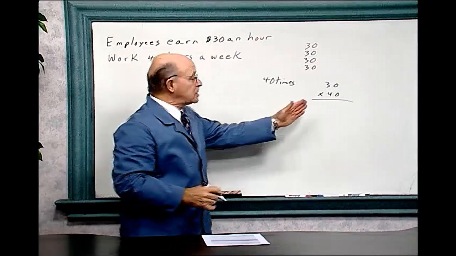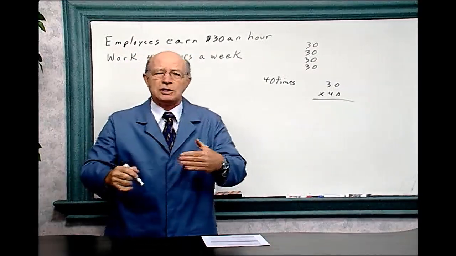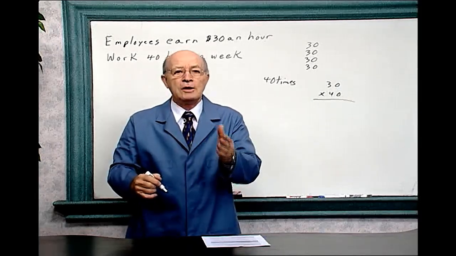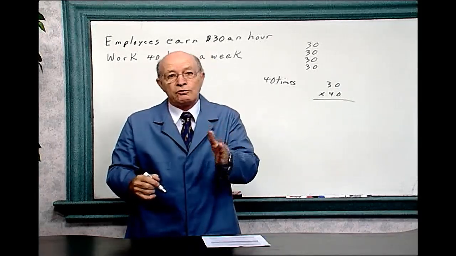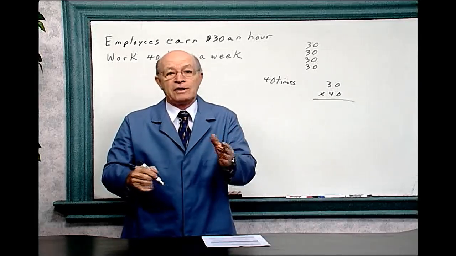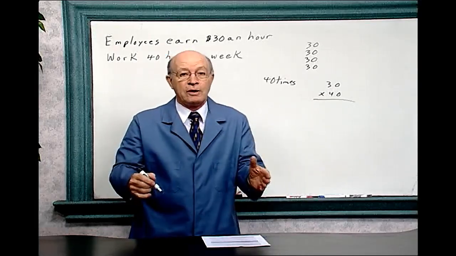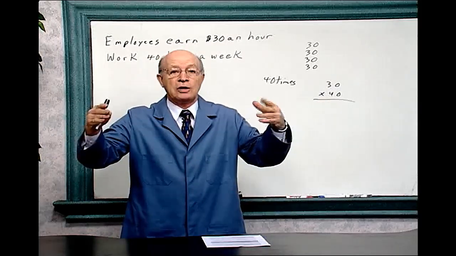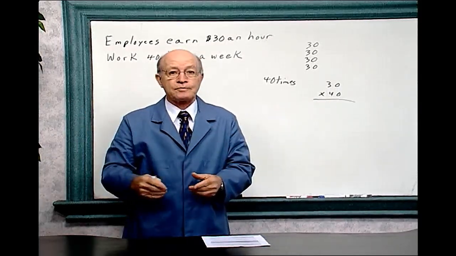But before you can do this kind of math, you have to learn the multiplication table. So it's important to learn the multiplication by 2, 3, 4, 5, 6, 7, 8, 9, 10, 11, and 12. Then you can do these large numbers that you have to multiply with.